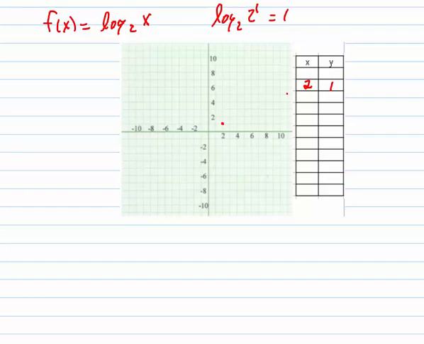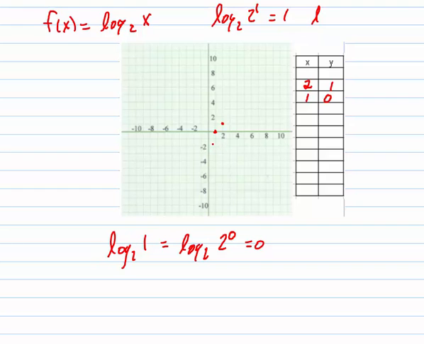Now what about 1? If x is equal to 1, what's log base 2 of 1? Well, that's also equal to log base 2 of 2 to the 0, right? 2 to the 0 is 1, so that's equal to 0. So that's a point on every log function.